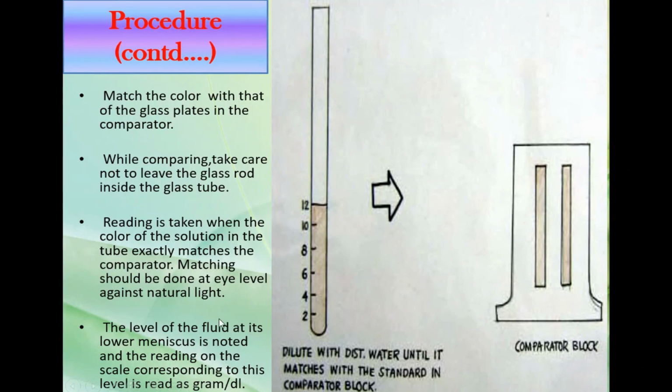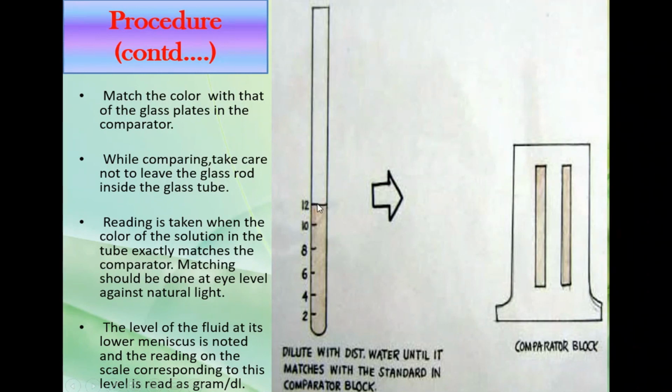Then the level of the fluid at its lower meniscus is noted, and the reading on the scale corresponding to this level is read as grams per deciliter. When we place the liquid, you can see that it forms like this, a half moon shape at the top of the liquid.